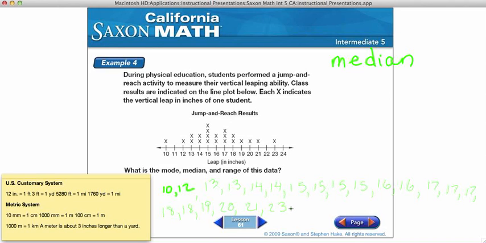Now I have to find out what is the middle of all of this. I have 1, 2, 3, 4, 5, 6, 7, 8, 9, 10, 11, 12, 13, 14, 15, 16, 17, 18, 19, 20, 21 data points. So I need to find the one in the middle.